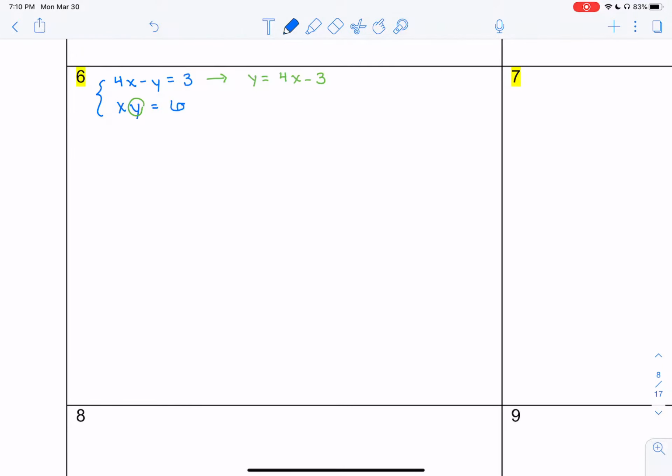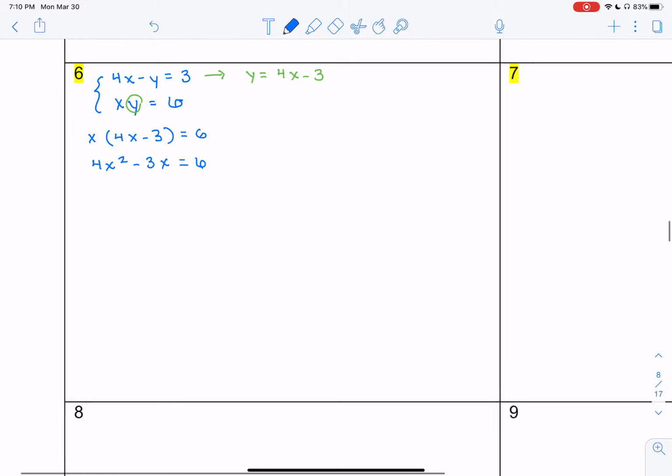So my second equation, rewritten, is x, plug in, 4x minus 3 equals 6. I distribute the x across, so that gives me 4x squared minus 3x equals 6.